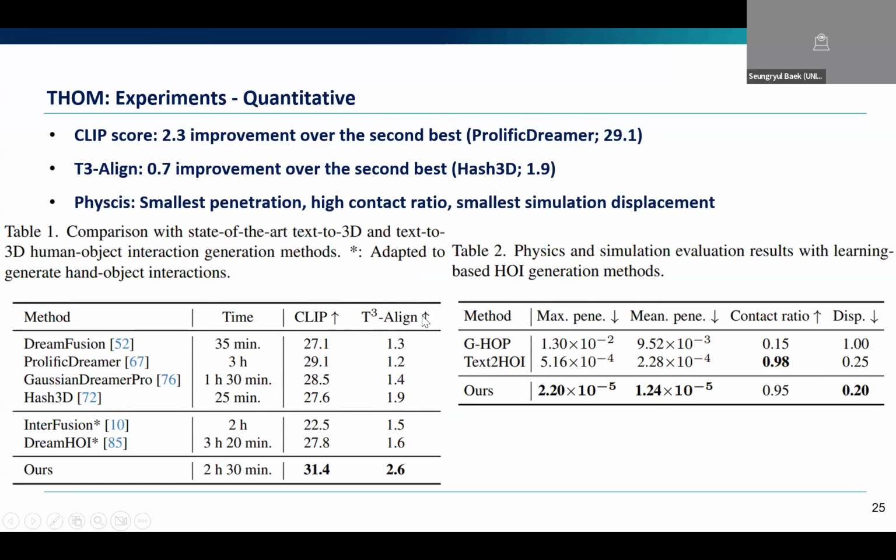To clarify, the maximum score of T3Bench alignment is 5. And in case of physics evaluation, we have the smallest penetration and maintain a high contact ratio, and we also have the smallest simulation displacement compared to the baselines.